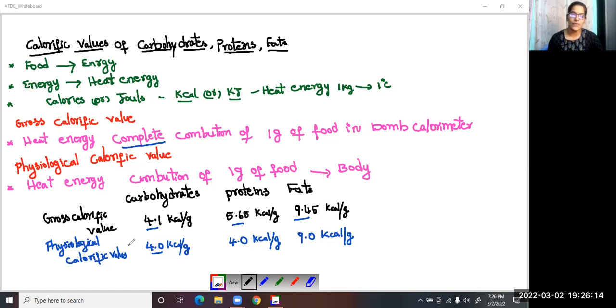That is the reason why the gross calorific values are always more than the physiological calorific values.